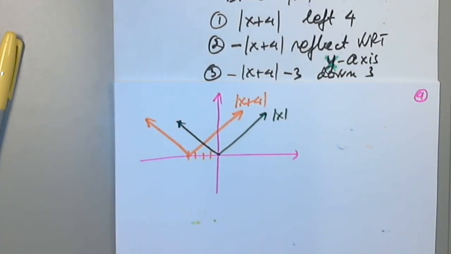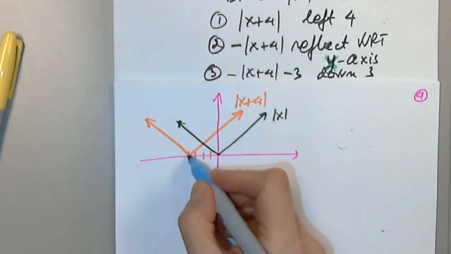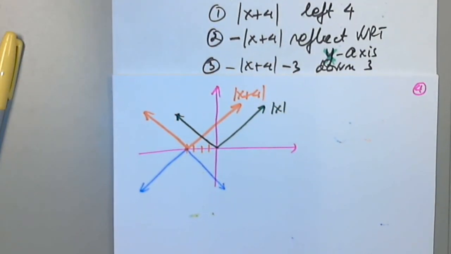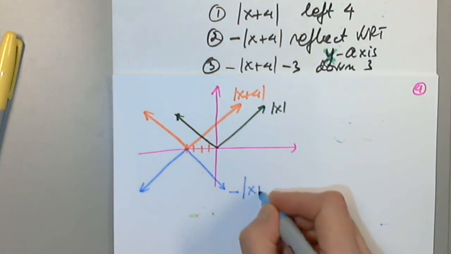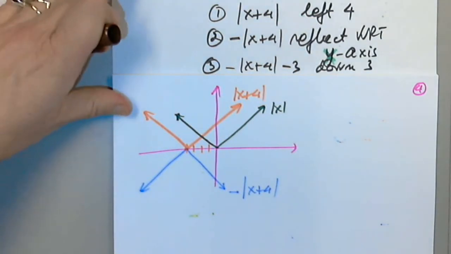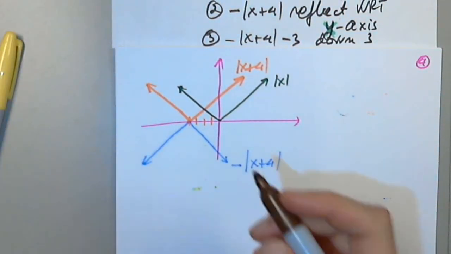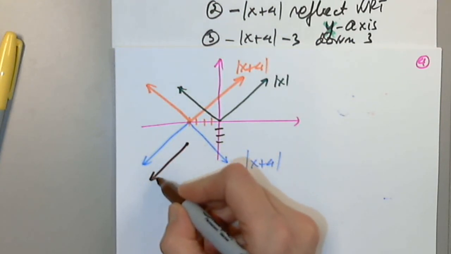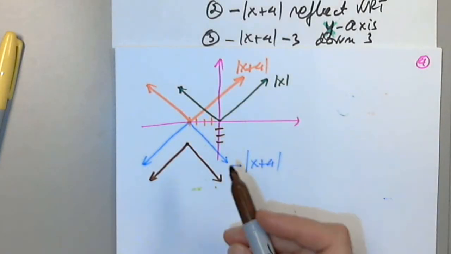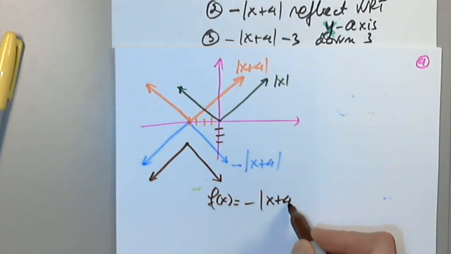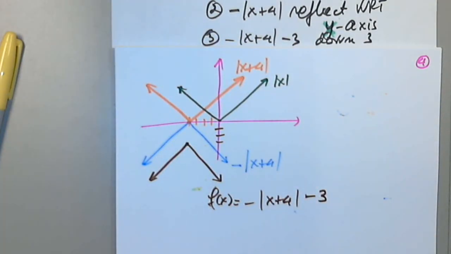Then you told me to flip this because it's reflected with respect to the x-axis. So I get negative the absolute value of x plus 4. And then you said the last step was to shift this down 3. So 1, 2, 3. I'm going to shift it here. And this is the final function, f of x equals negative the absolute value of x plus 4 minus 3.